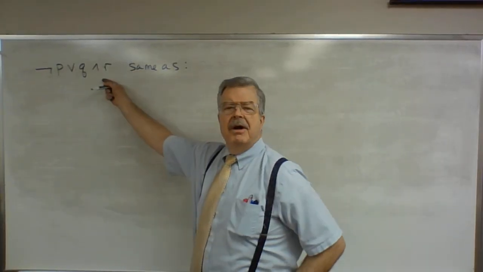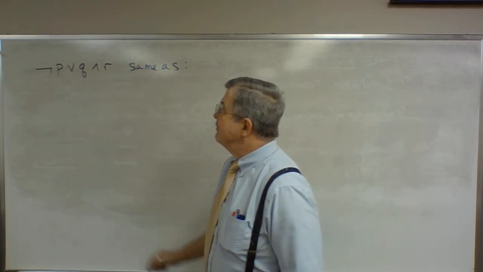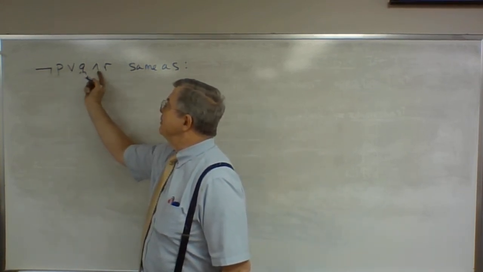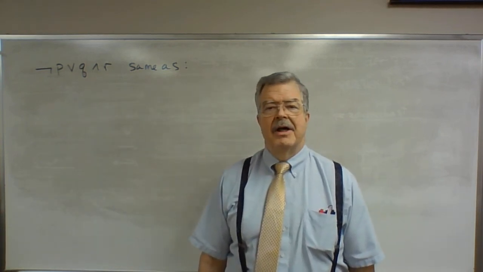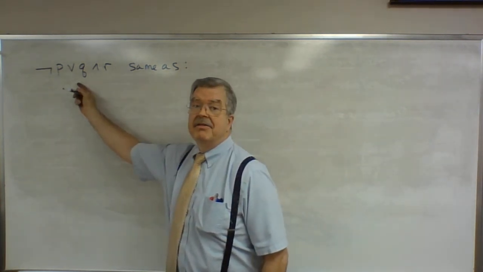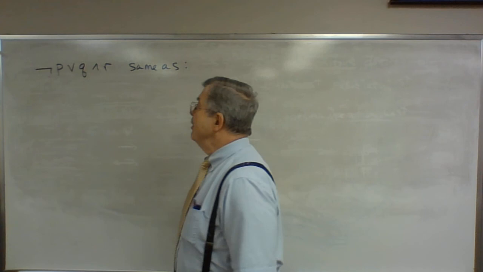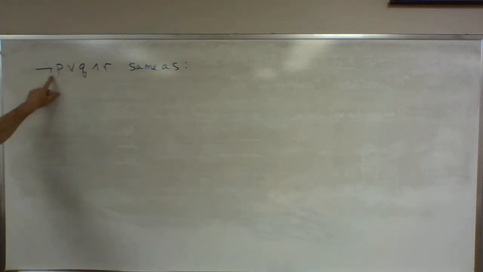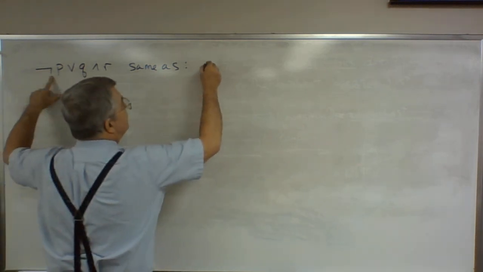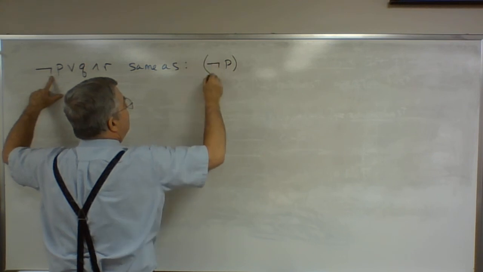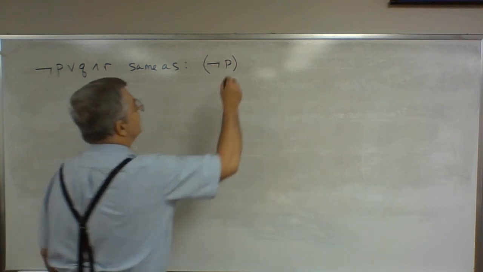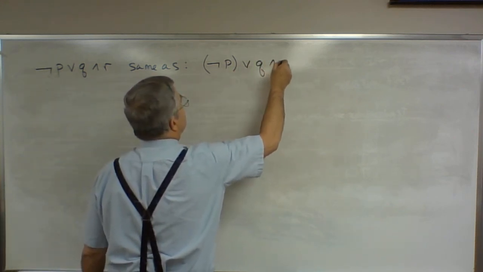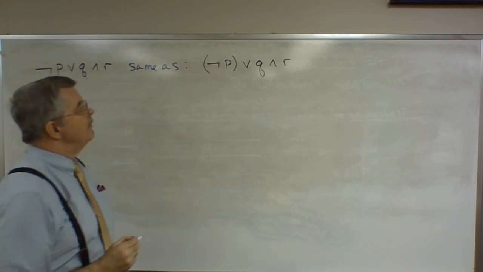Okay, here's a real bucket of worms here. I've got the negation operator, the conjunction, the disjunction. What does this really mean? Well, if I'm a nice guy, I'm not going to write it like this to begin with. But the negation operator has precedence over everything, so we do that first. There. Not P or Q and R. Well, you know what?